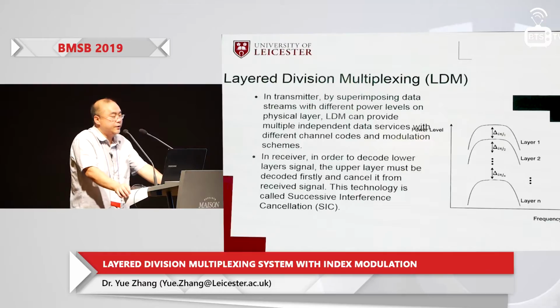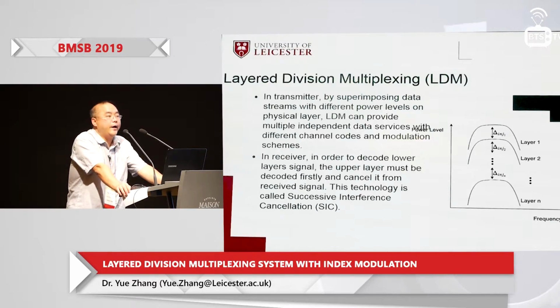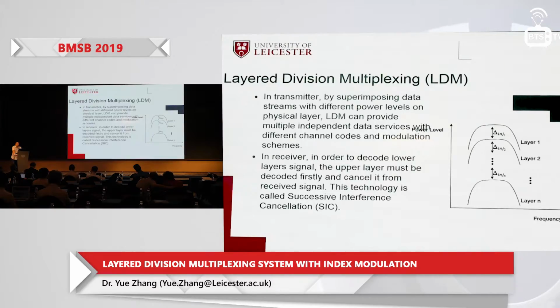So ideally, the basic idea of the LDM system is to introduce different power levels of modulation in one channel. In this case, different users can use different power levels of the transmitted signals. When you decode the LDM system, you need to decode one layer individually, from top to bottom.